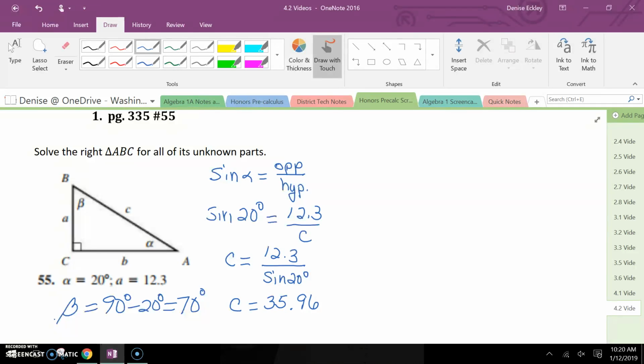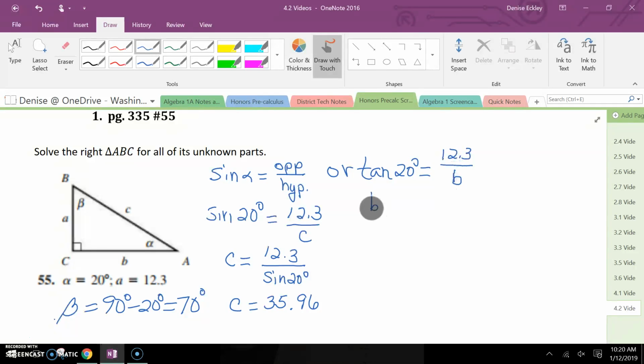You can also find side B by using tangent of alpha. So we could have just as easily started by taking tangent of 20 degrees is going to be the opposite side, which is A, which is 12.3, divided by side B, which is the adjacent side.